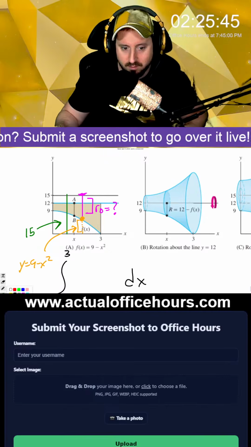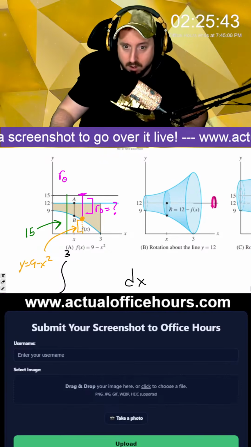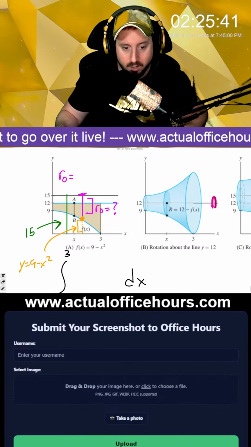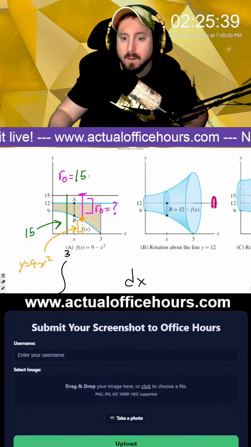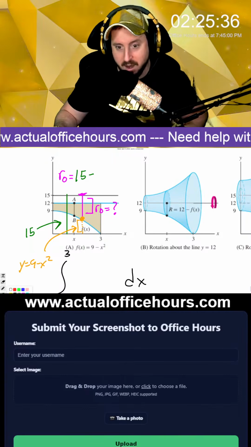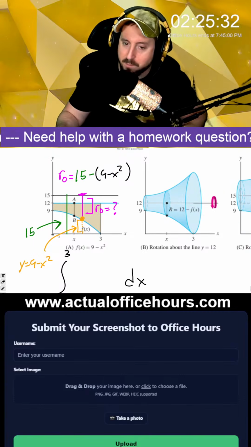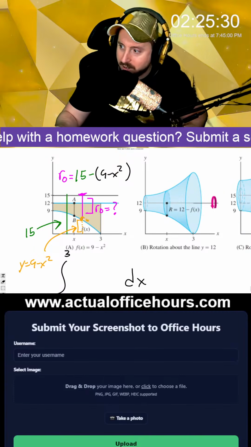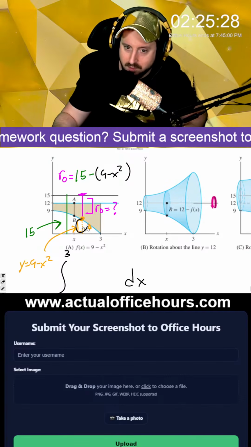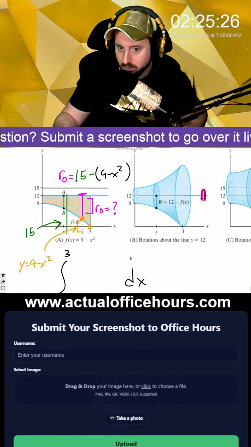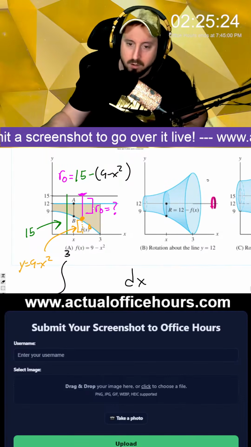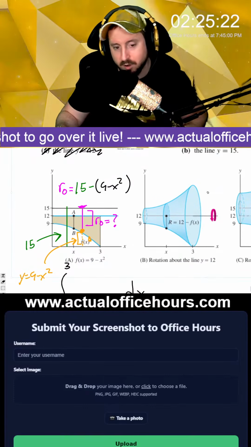So r outer is equal to 15 minus the function, 15 minus (9 minus x squared). Because as you're traveling in x, this value changes, right?